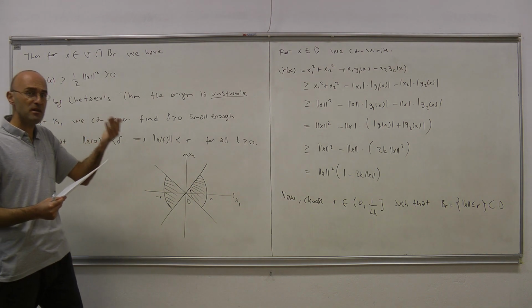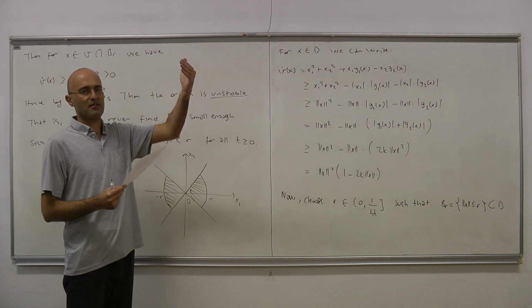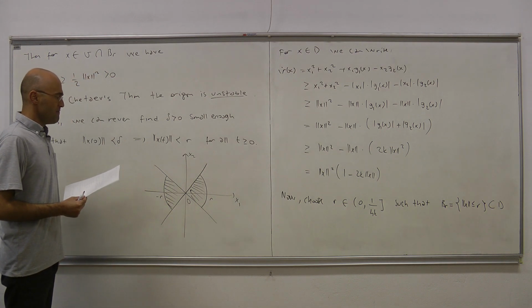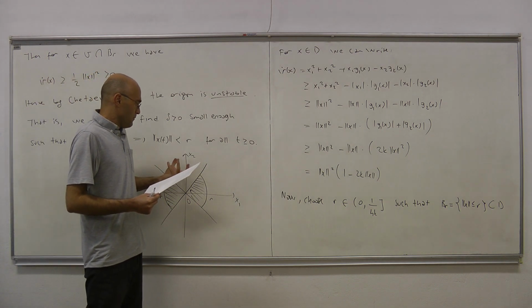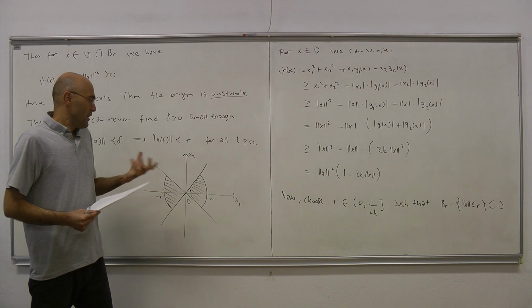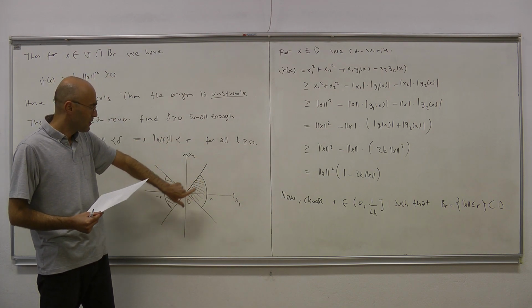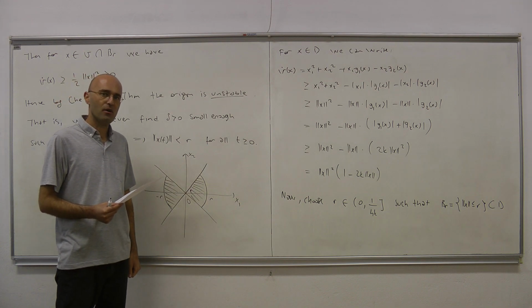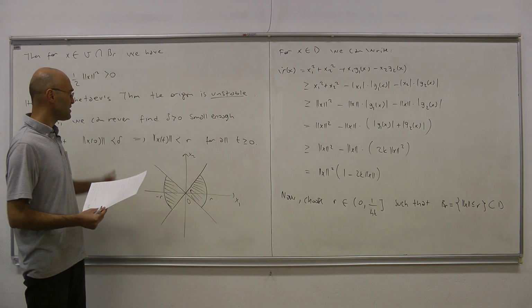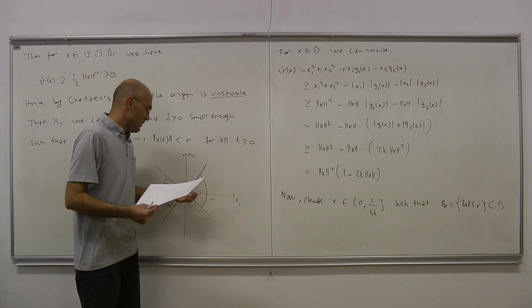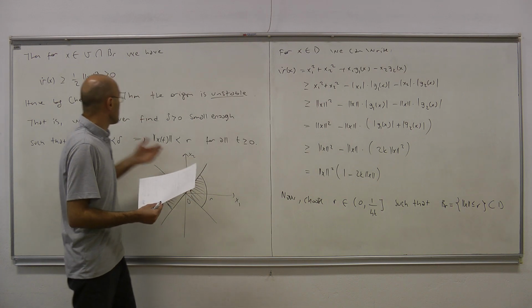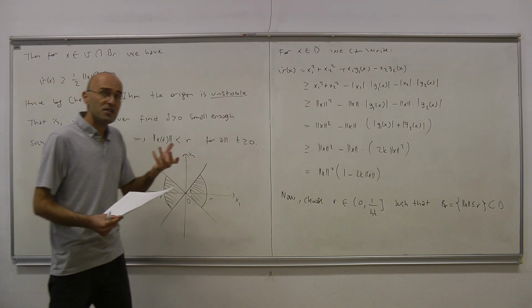V dot positive means that V is increasing. Now, V is increasing, and while that's the case, it cannot stay forever in this bounded region. Why is that? Because since V dot is positive, V is increasing forever.